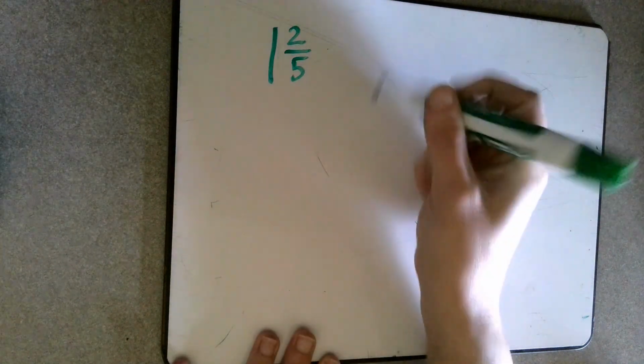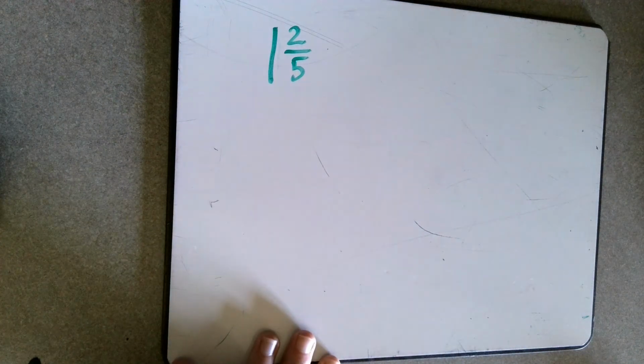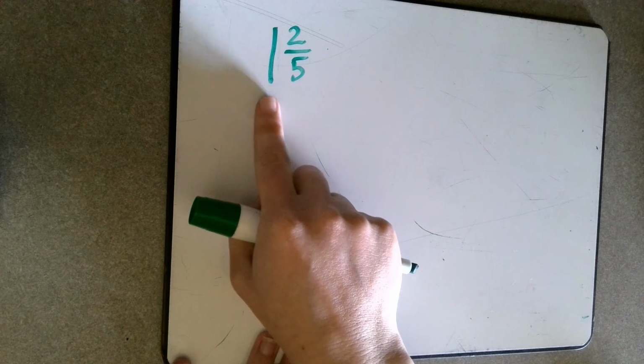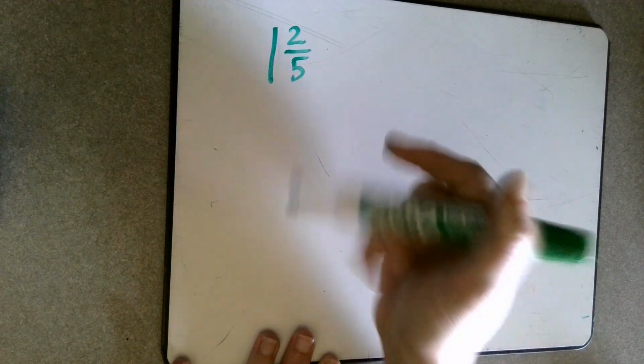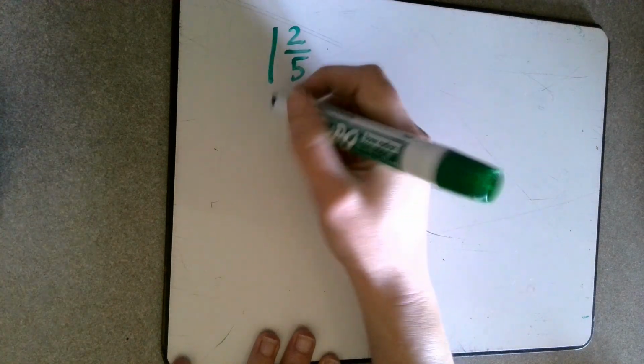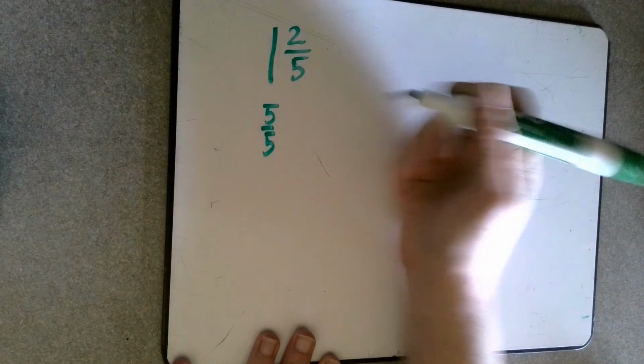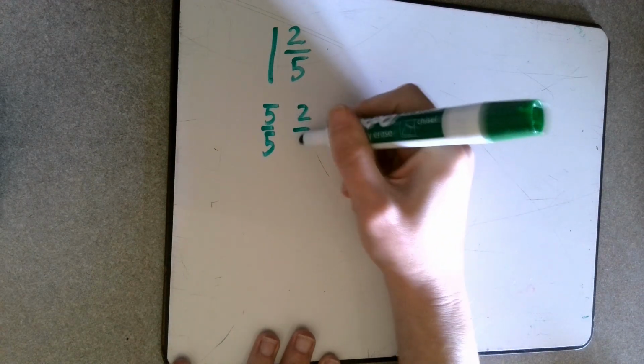All right, I already know that this is a fraction greater than 1, right? And I think to myself, well, how many fifths are inside of one whole? And I know that one whole is equal to 5/5. And then I also have that remaining 2/5, right?